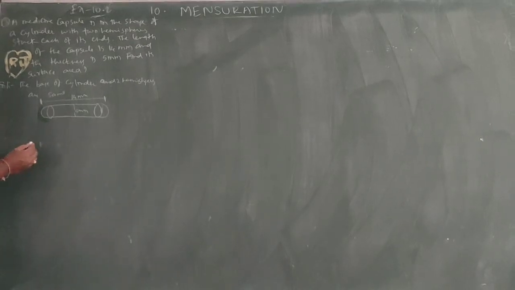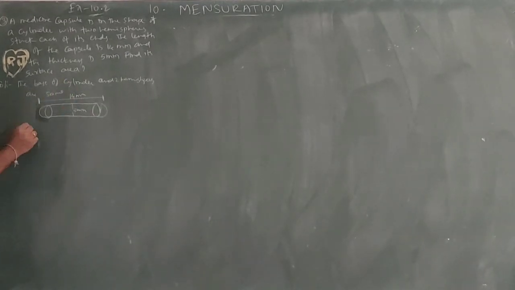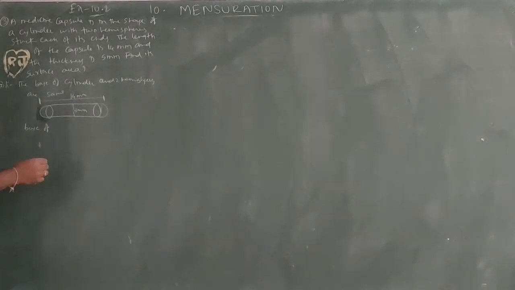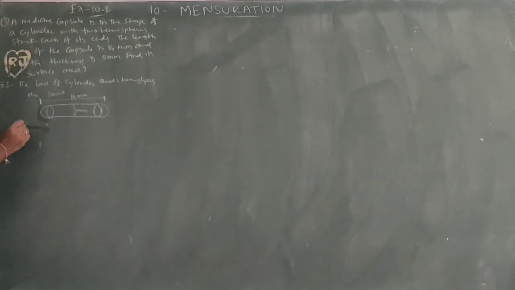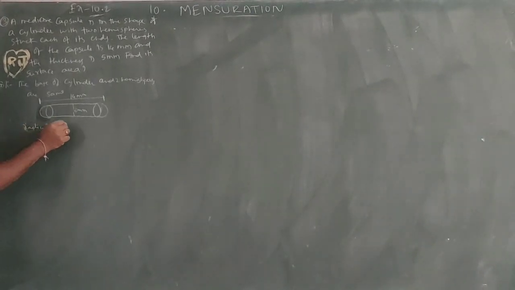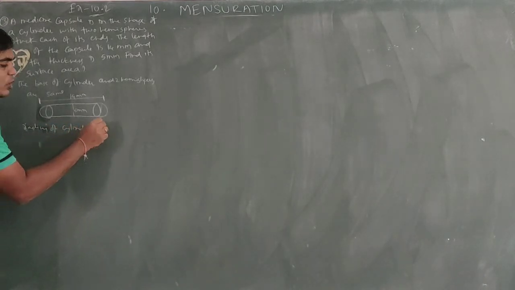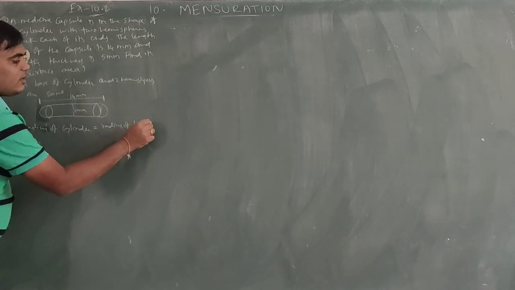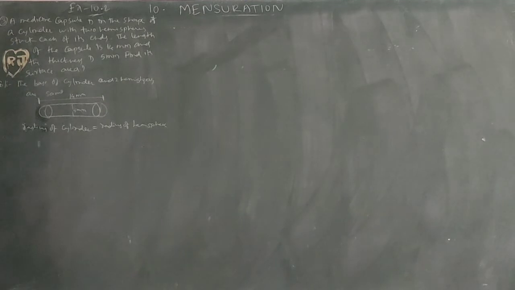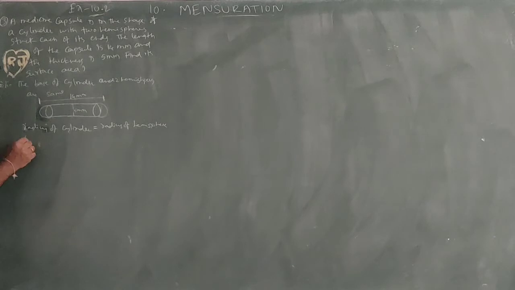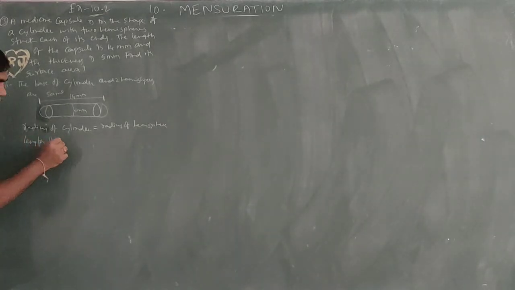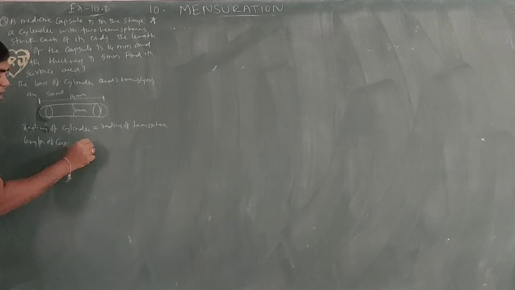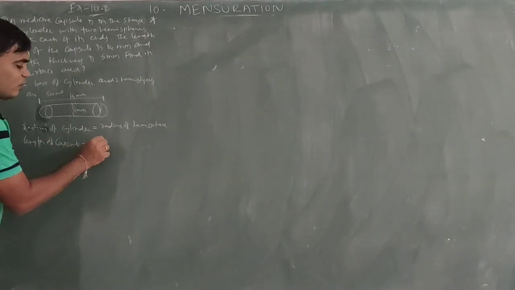Now, observing: the radius of the cylinder is equal to the radius of the hemisphere. Next, the length of the capsule is 14 millimeters.